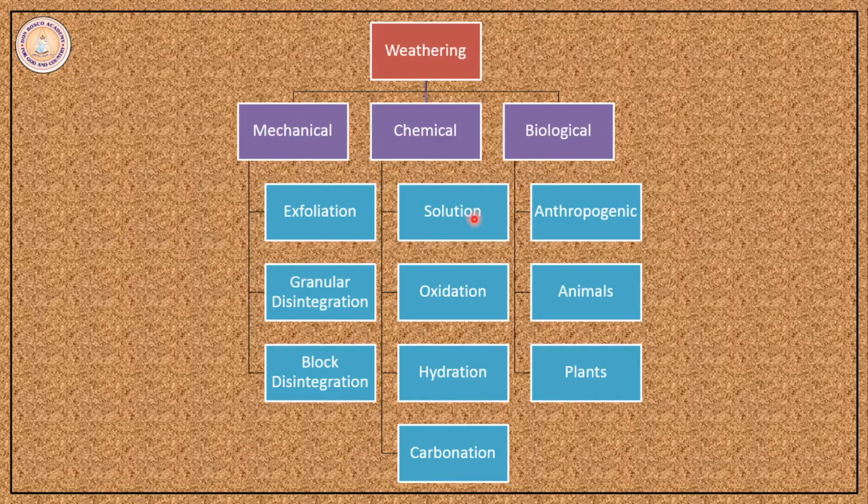So today we are going to learn each and every feature of the processes which occur to help the rocks to break down to form soil. So starting with mechanical or physical weathering.